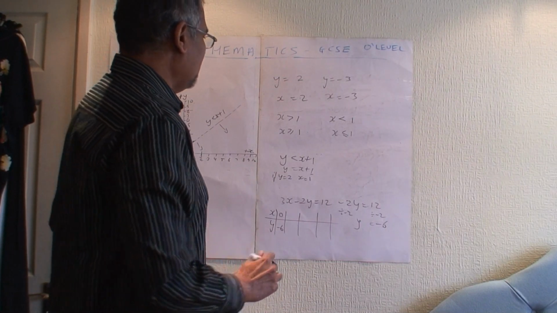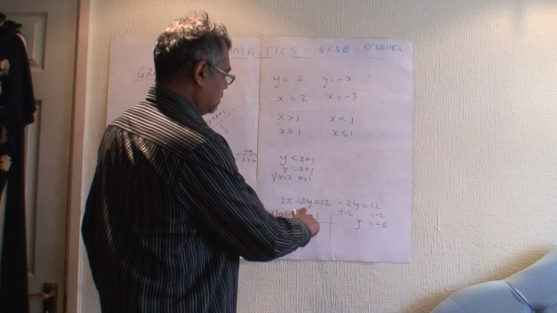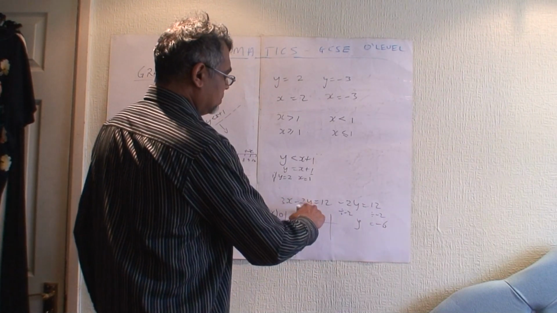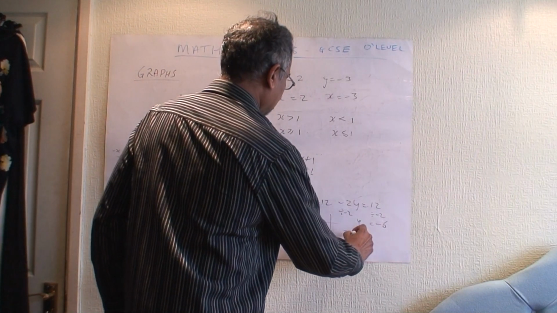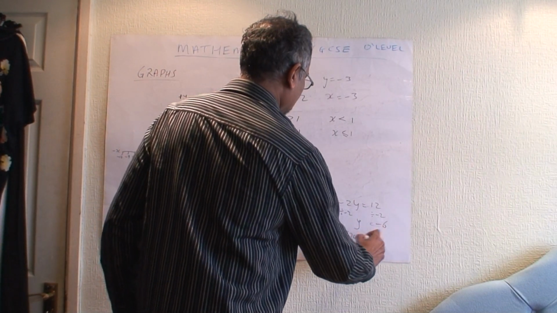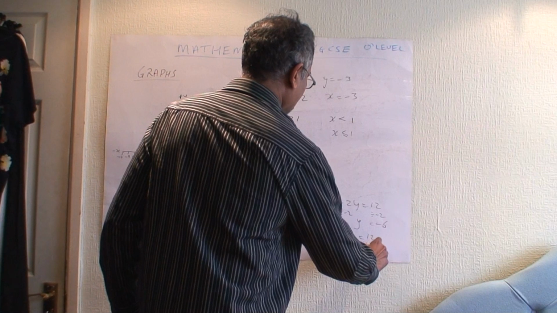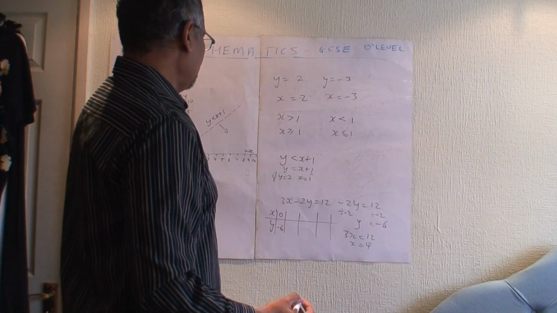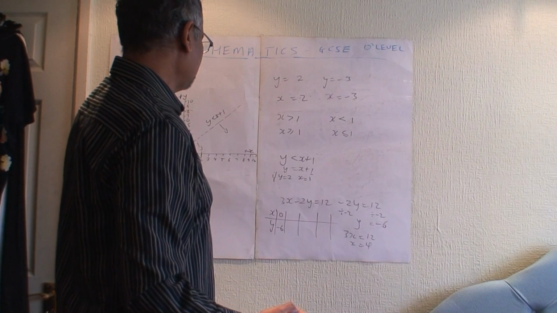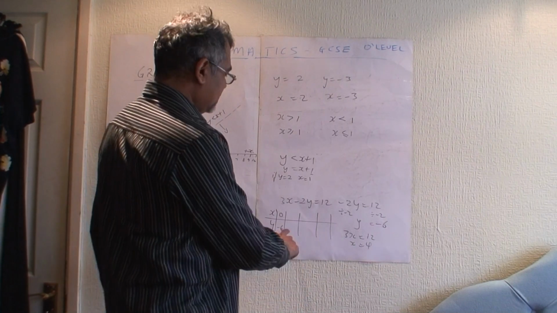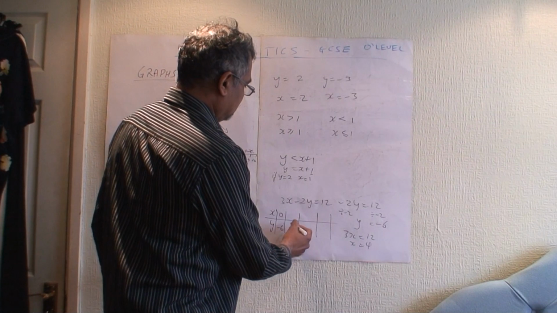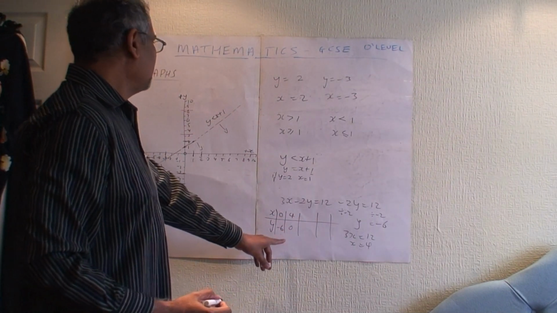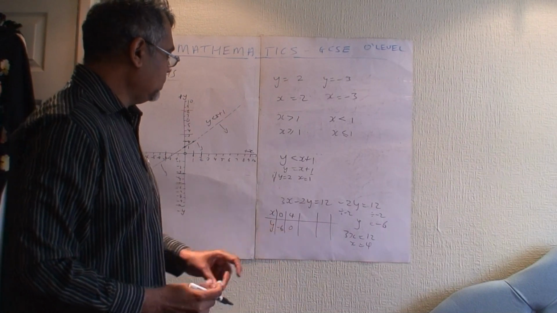And if y is 0, then this becomes nothing. Then you have 3x is equal to 12, so x is equal to 4, because 4 multiplied by 3 is 12. So if y is 0, then x is 4.